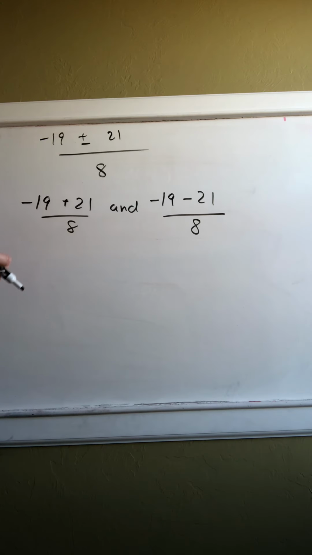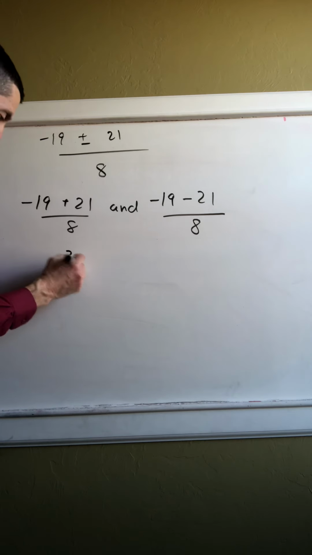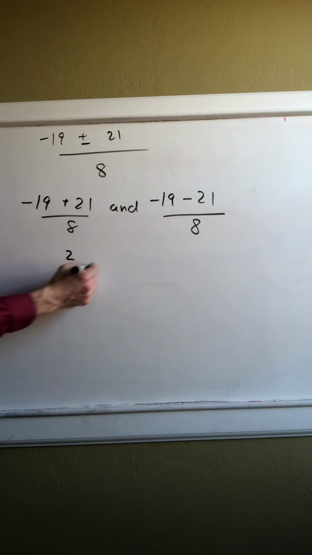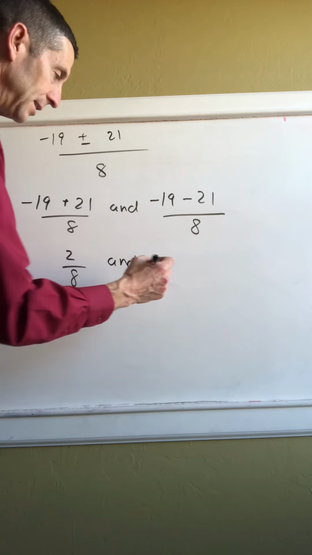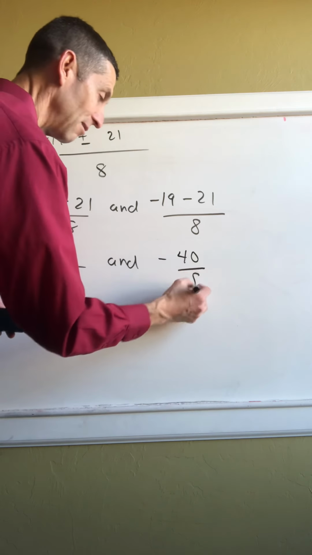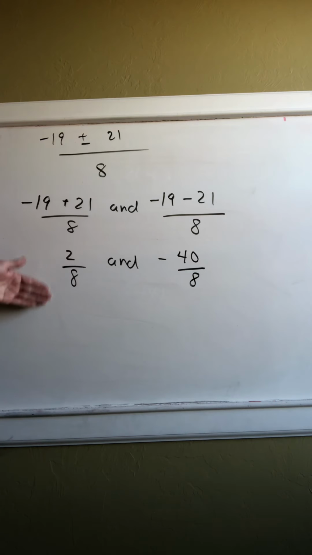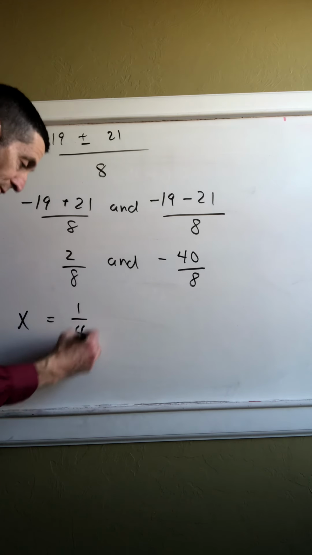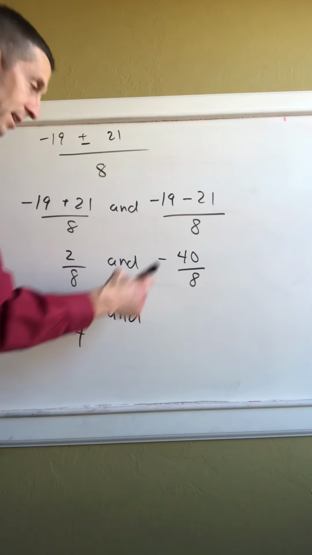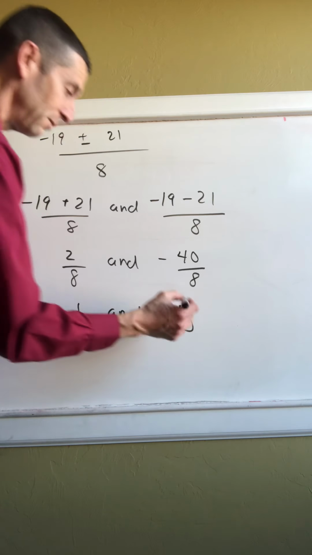So we're going to get our two answers. This is 2, negative 19 plus 21. What happens here? A negative and a negative, negative 40 over 8. So we've got to go to work on this. We've got to go to work on that. We're going to get our two answers. So 2 over 8 is 1/4. And 40 divided by 8 gives me a 5.